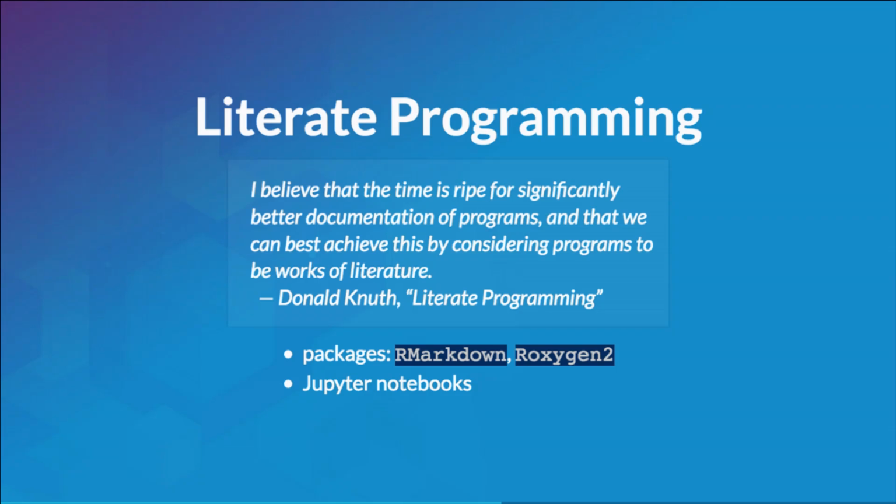There are some tools directly in R to really make that easy. There's a way of embedding Markdown along with your R code, so you can kind of jump back and forth. You have a document, and it can jump into R, jump back to documenting it. And then Roxygen 2 lets you do some really cool things with documentation, making out LaTeX versions of things. And then Jupyter Notebooks. Yeah? So Jupyter, it used to be called IPython Notebooks a long time ago.